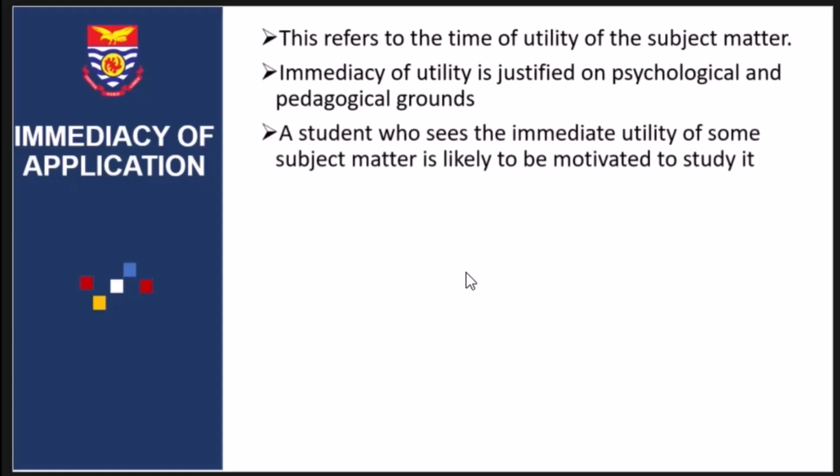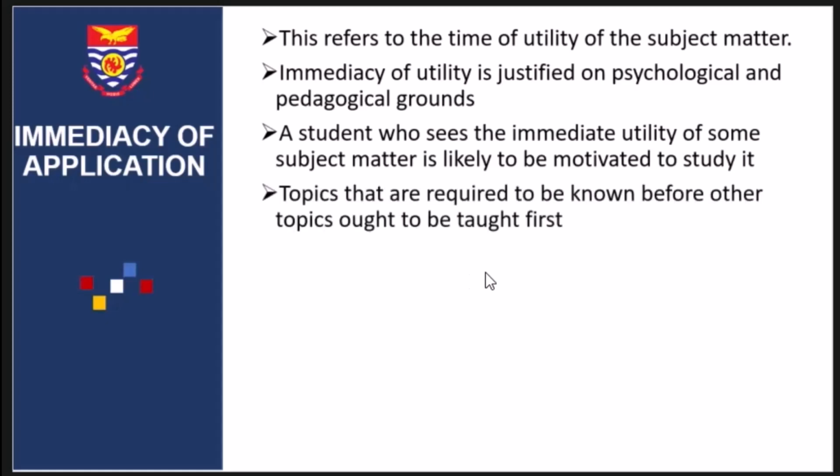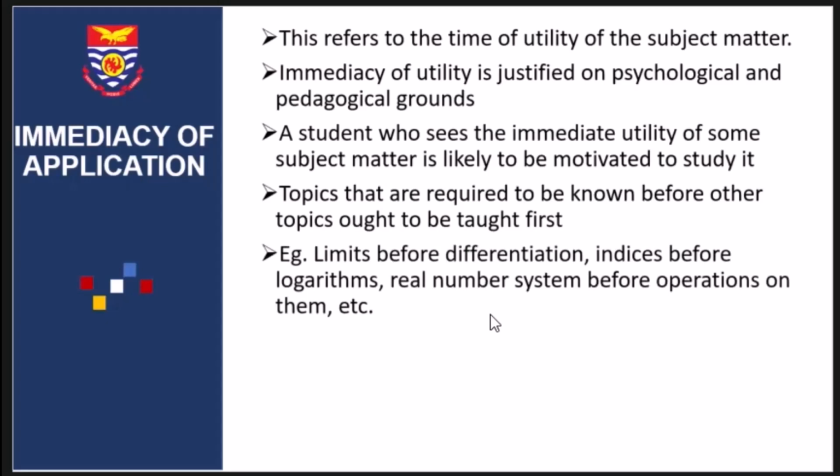So a student who sees the immediate utility of some subject matter is likely to be motivated to study it, as I've said earlier. Topics that are required to be known before other topics ought to be taught first. So as we said, prerequisite knowledge. If you need this knowledge to teach the other subjects, then utility comes in here. Limits before differentiation, indices before logarithm, real number system before operations on them, etc.